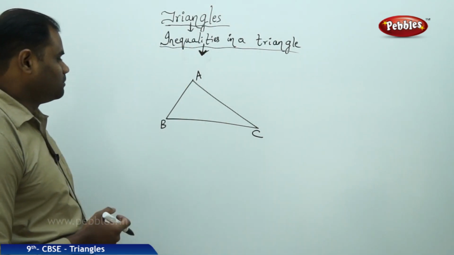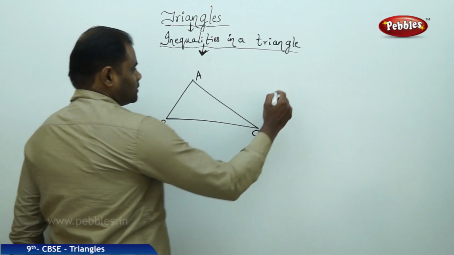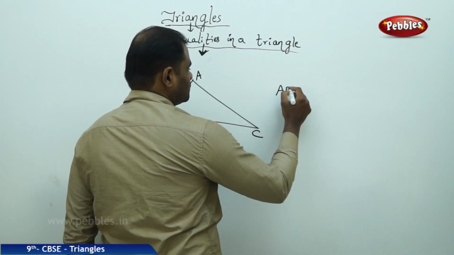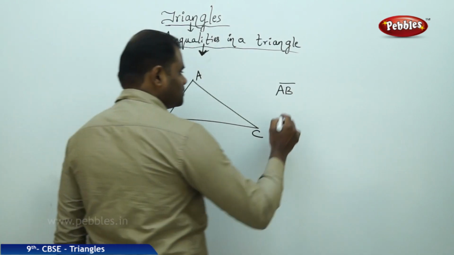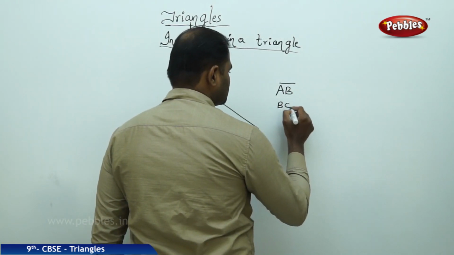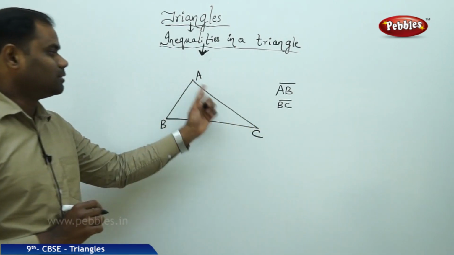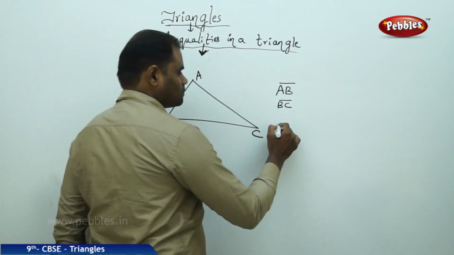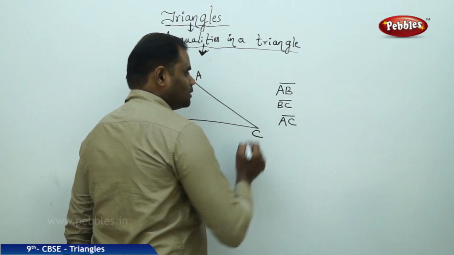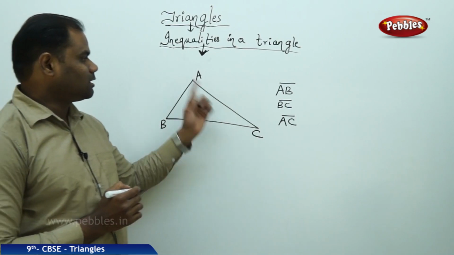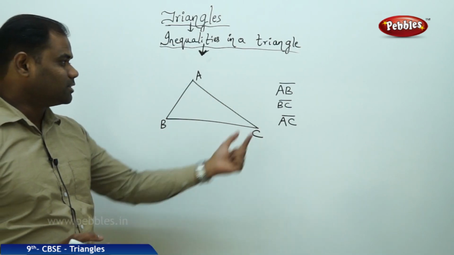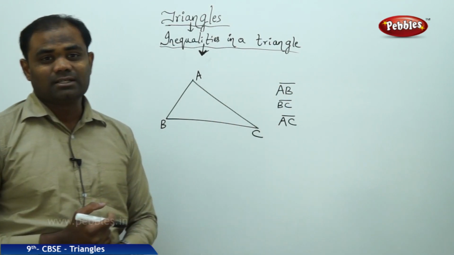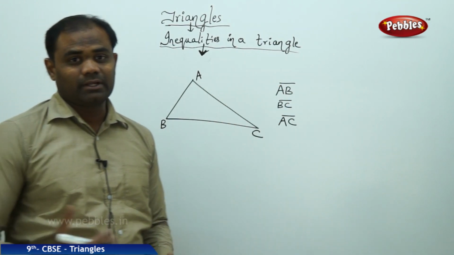For this triangle ABC, there are three sides which are AB, next is BC, and then the next is AC. So AB, BC and AC are the three sides of the triangle. So using these three sides, let's see how the geometrical property connects.